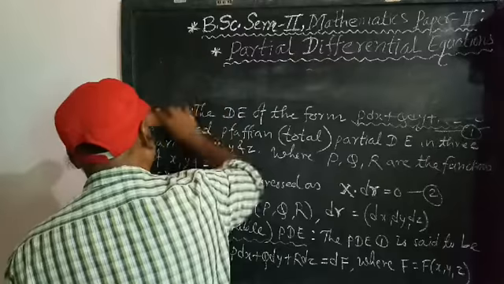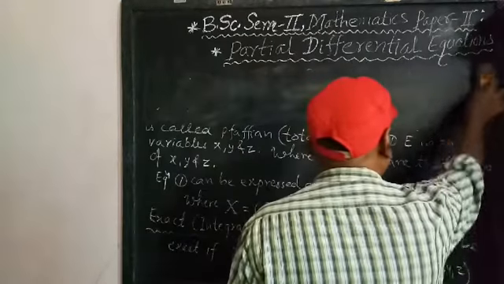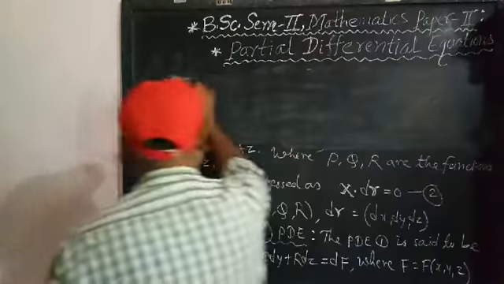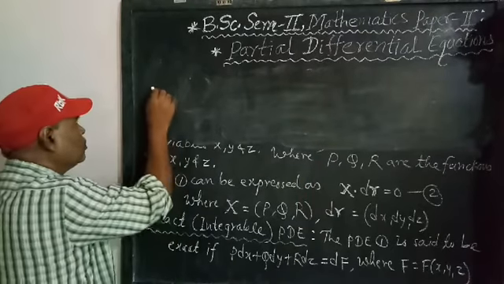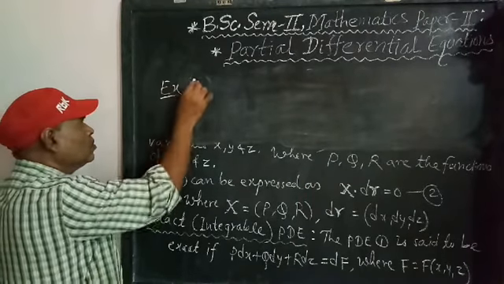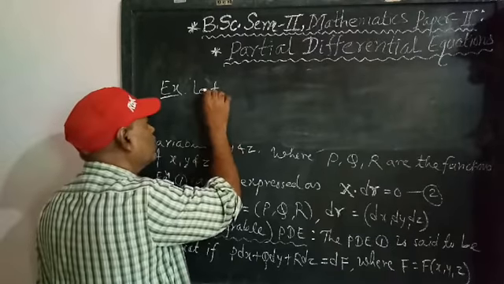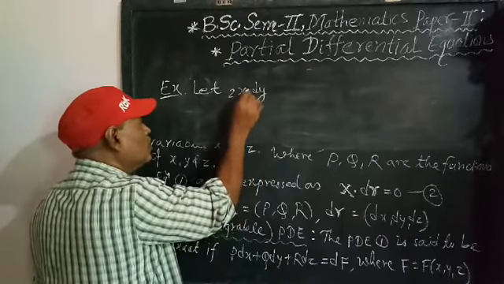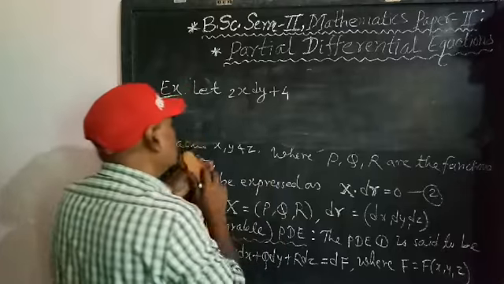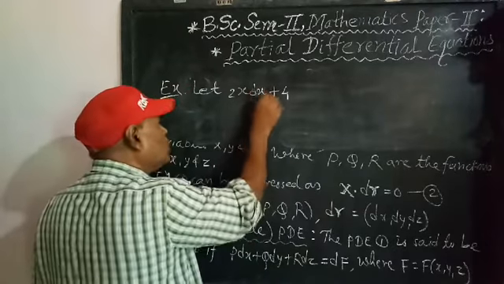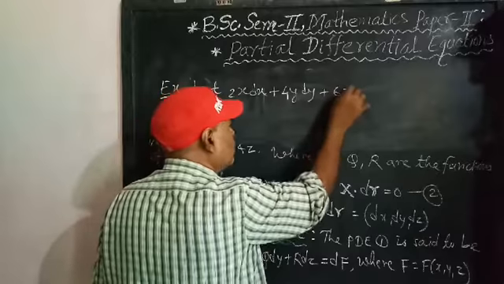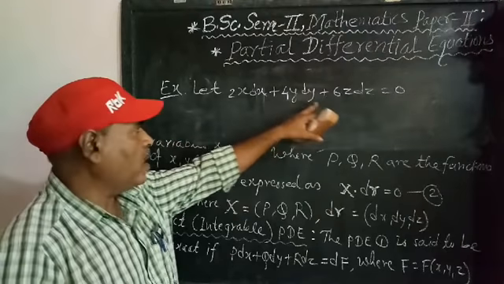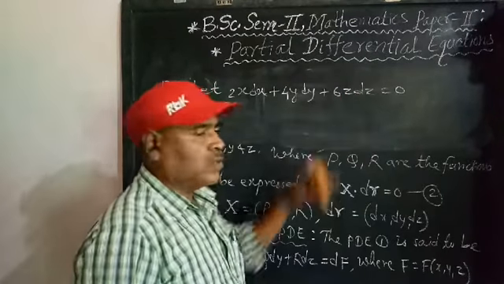To get an idea of this, we take the example of an exact differential equation. Let 2x dx plus 4y dy plus 6z dz equal to 0. Now here P equal to 2x, Q equal to 4y and R equal to 6z.